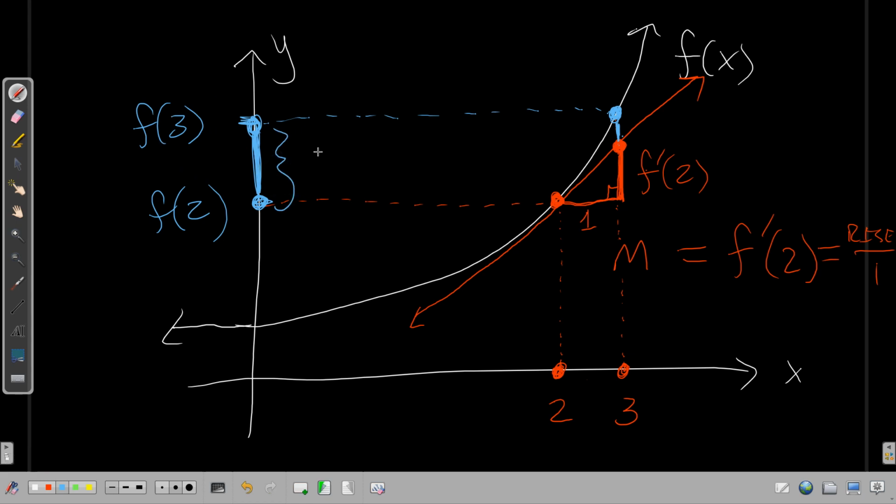This distance right here is exactly f of 3 minus f of 2. And it is approximately the same as f prime of 2. It only differs by that little amount right there.